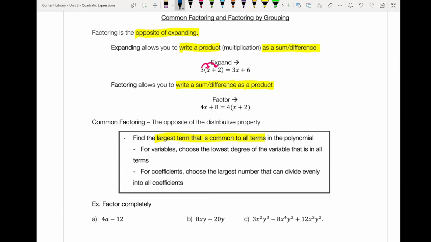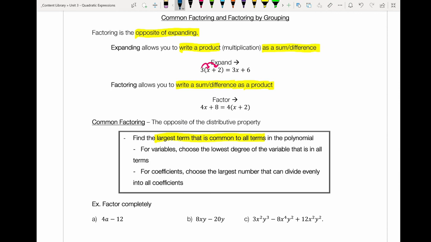For variables, so when we're looking at letters, you want to choose the lowest degree of the variable that is in all the terms. So if you have an x squared or an x cubed, you basically want to choose the lowest degree of the variable that is in all the terms. You want to make sure that it's included in all of them, and we'll look at some examples of that. For coefficients or numbers, choose the largest number that can divide easily into all coefficients.